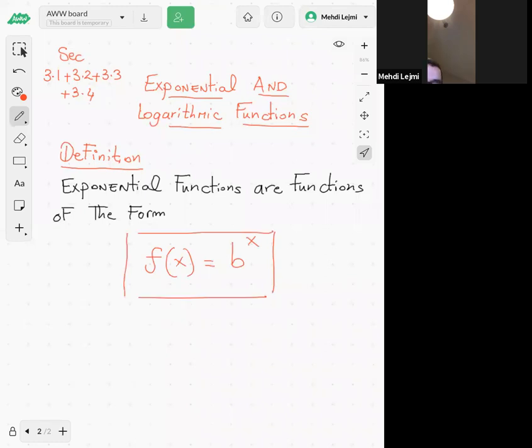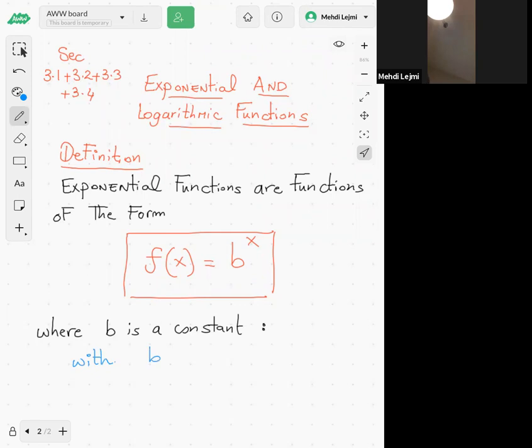So here, guys, the variable x is in the exponent, right? Where b is supposed to be a constant. And this constant b must be positive and different from 1.